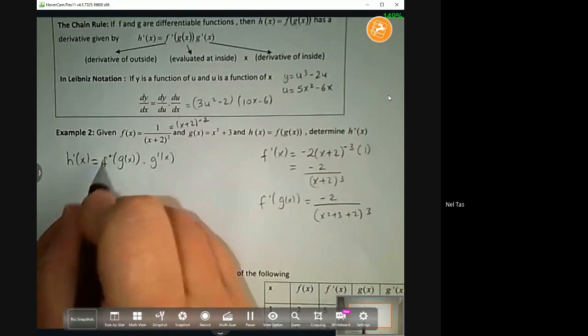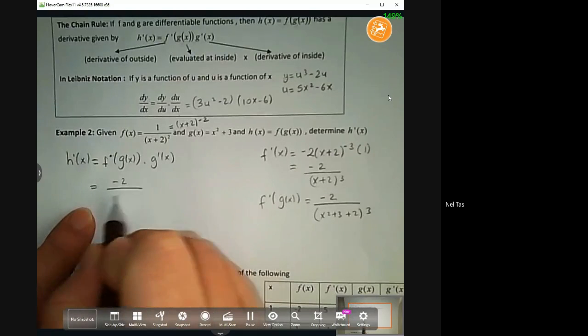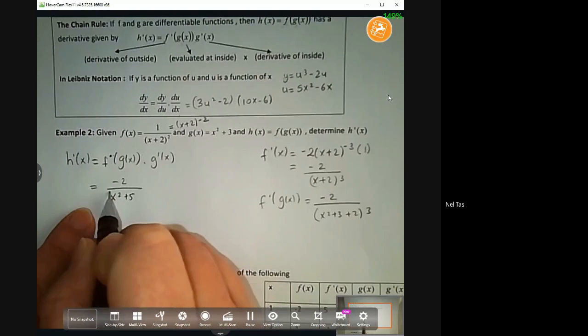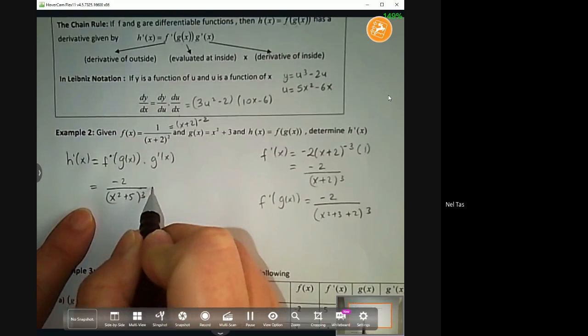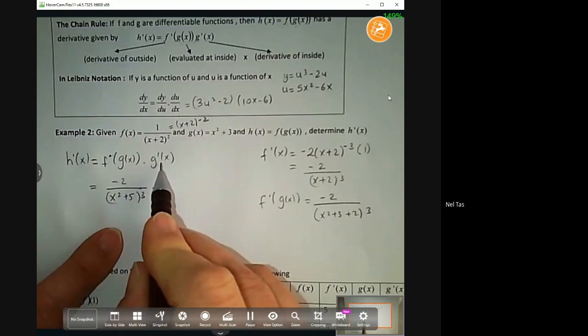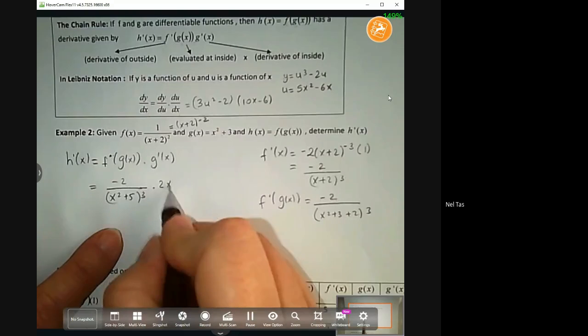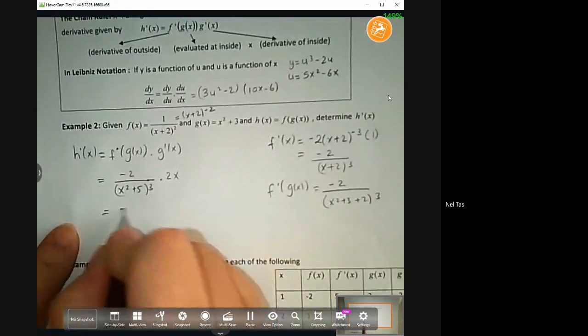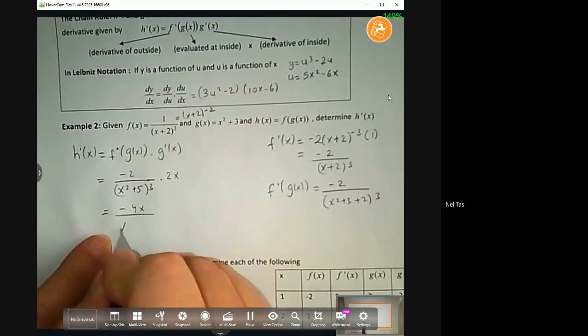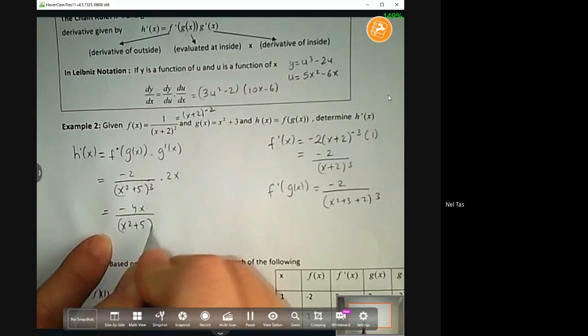So now first part, negative 2 over x squared plus 3 cubed times g prime. So take the derivative of g, which is 2x. So we end up with negative 4x over x squared plus 3 cubed.